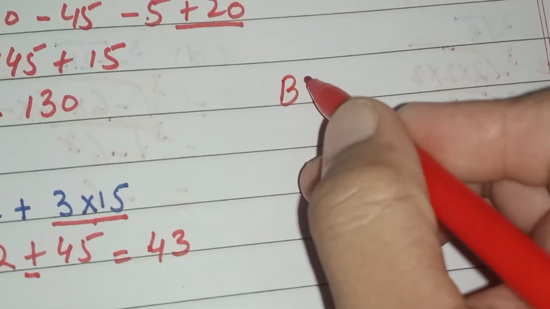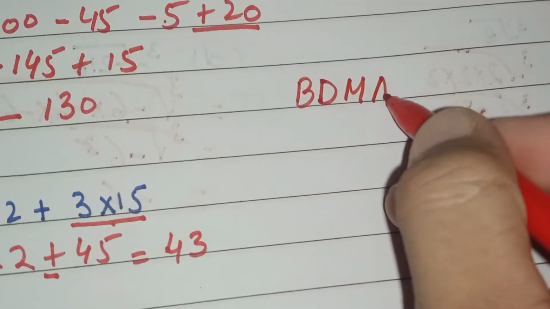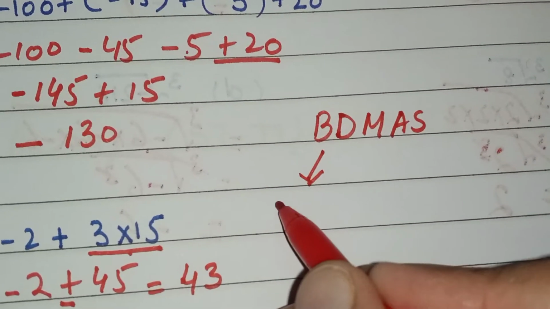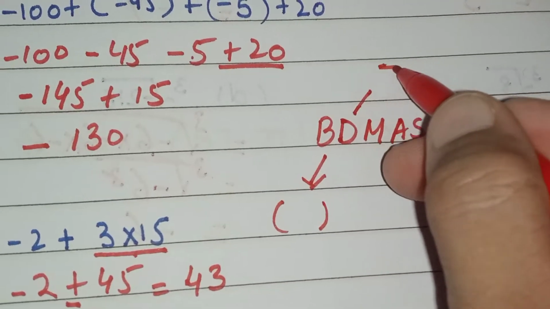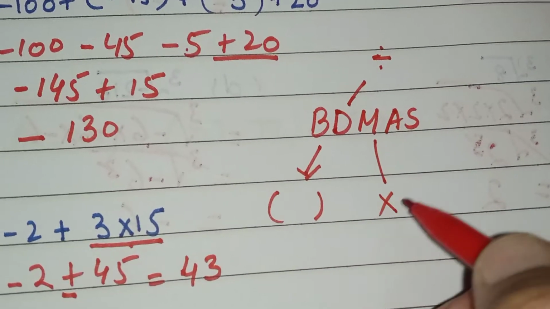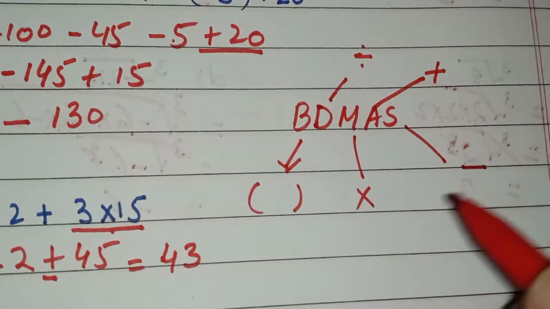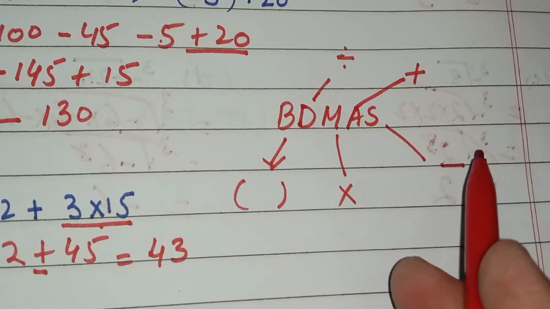I taught BODMAS. It means that when there is a bracket, I first solve the bracket, then the operation of division, then the operation of multiplication, then add the numbers, and then subtraction. So learn it as BODMAS.